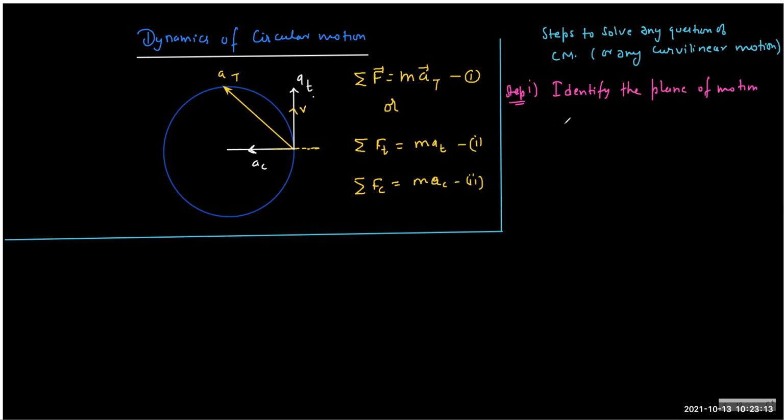Having said that, once you have identified the plane, step two is very important. It is not necessary that you will always be lucky to find the force in the plane of motion, where the only job is to resolve along the tangent and along the center.